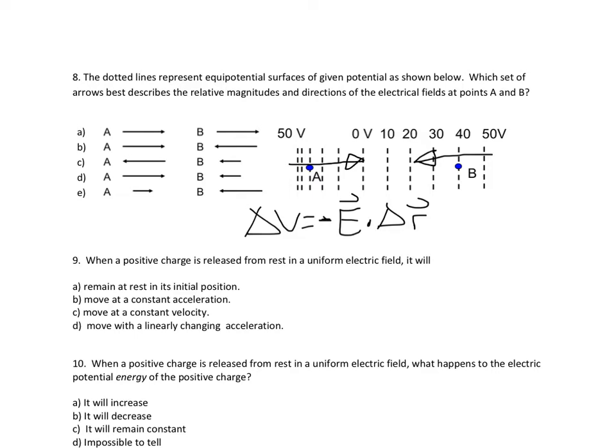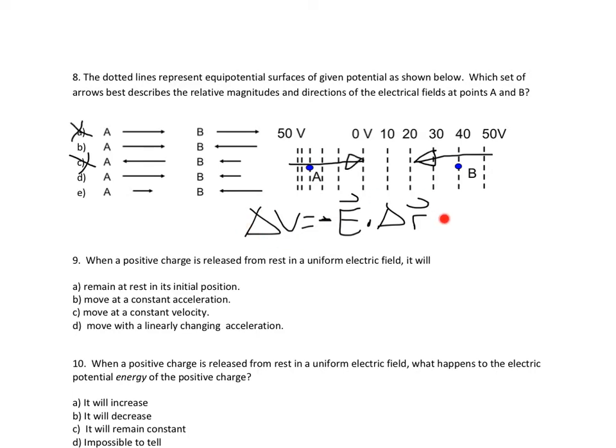Let's look at some of these choices. Clearly, C violates that because it's got the electric field in case A pointing to the left, and we can also see that A violates that because it's got B pointing to the right. So now we just have to consider the magnitude. Are the magnitudes the same? Are they different? Which one's larger?